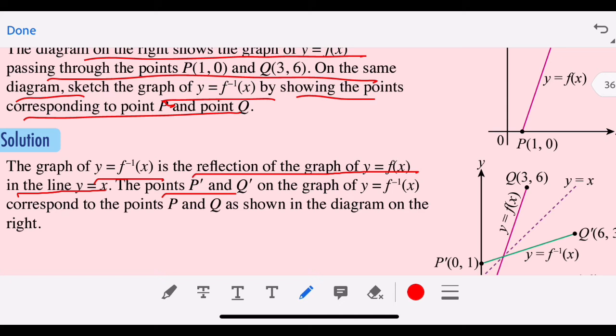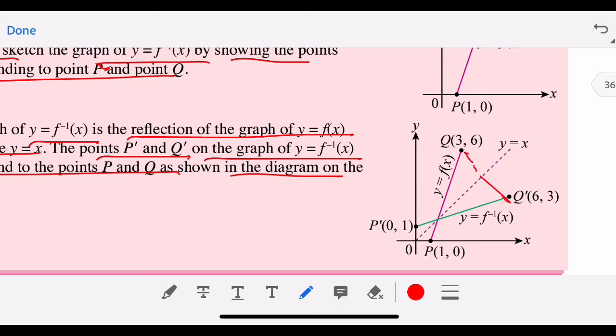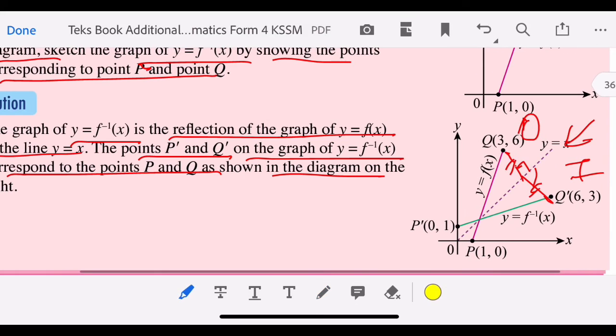So the points P' and Q' on the graph of the inverse correspond to the points P and Q on the diagram on the right. You can draw a line to show they are at the same distance. One is the object, one is the image, and this is the line of reflection y equals x.